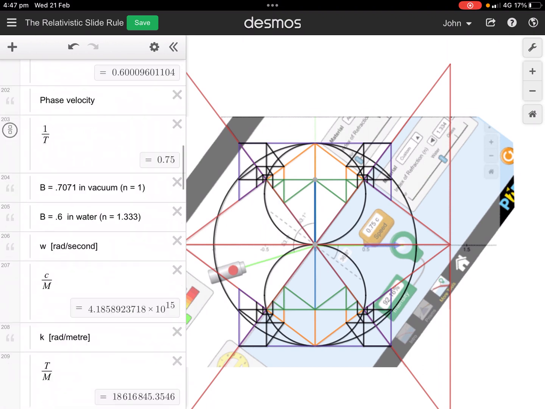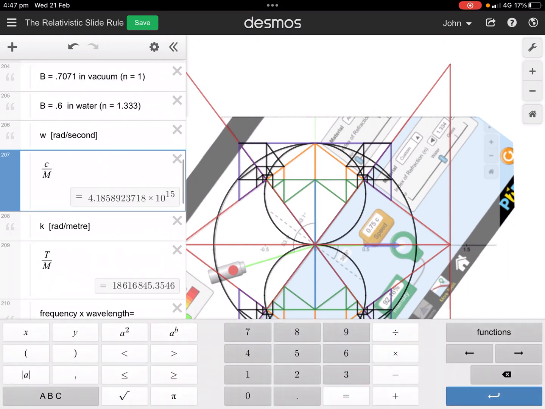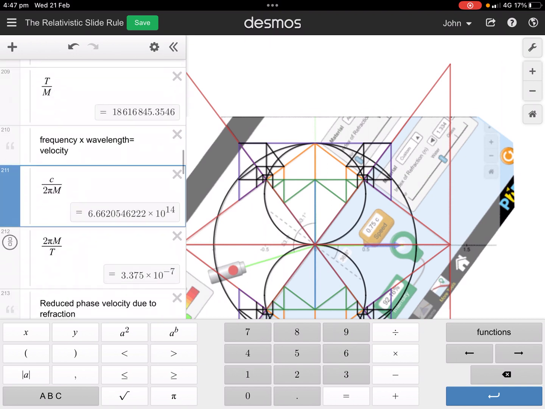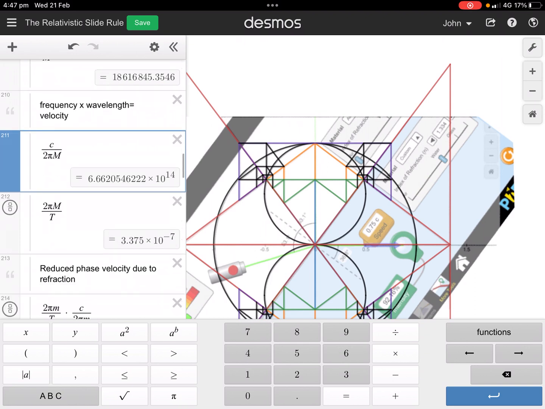So here's the frequency, W. Here's the K value, radians per meter. Here's the wavelength, so it's 2 pi times m.